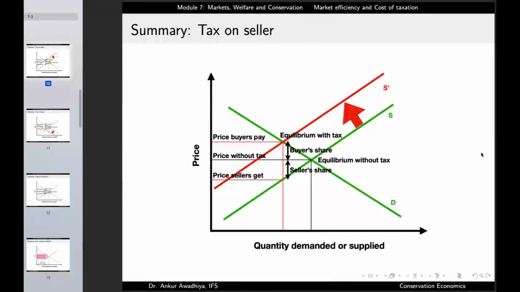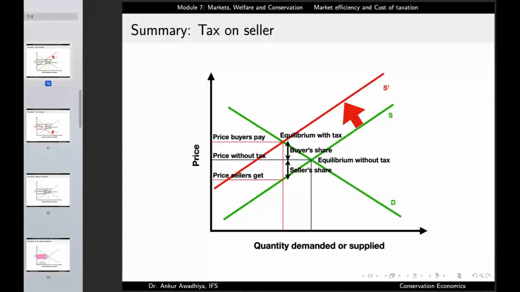Now, when only the seller is taxed, the cost of making the good increases because you have to pay a certain share of the tax, which will be included in the cost of the good. And if the cost of a good increases, then the supply curve shifts to the left. This is the original supply curve, and this is the supply curve with the taxation. So it shifts to the left.